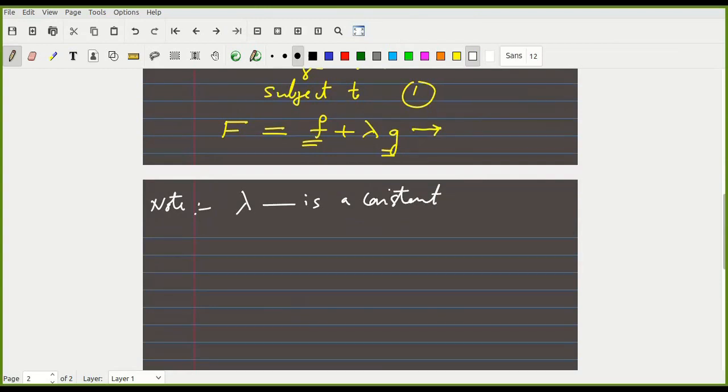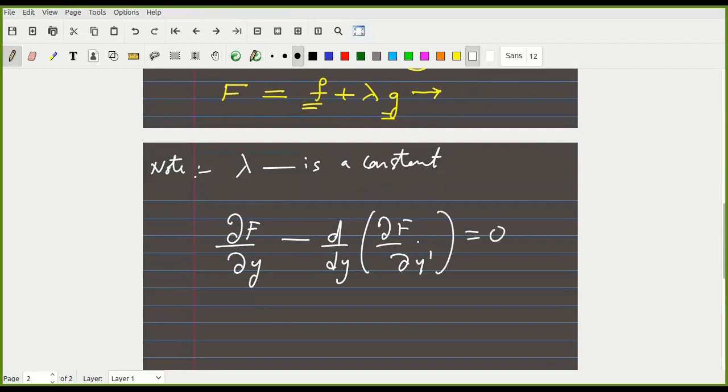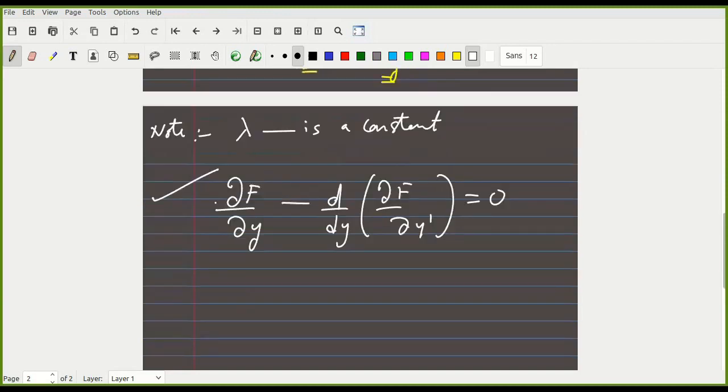Okay, so correspondingly, the Euler-Lagrange theory says that we get this as the corresponding Euler-Lagrange equation, d by dx of dou f by dou y dash equal to 0. So just look up the theory that I spoke about in the class. So that gives you this equation.